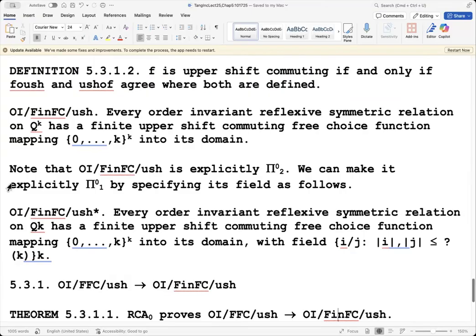All right, so here we have the statement, here is our finite statement. Every order invariant reflexive symmetric relation on Q to the K has a finite upper shift commuting free choice function mapping the numbers 0 through K to the K into its domain.